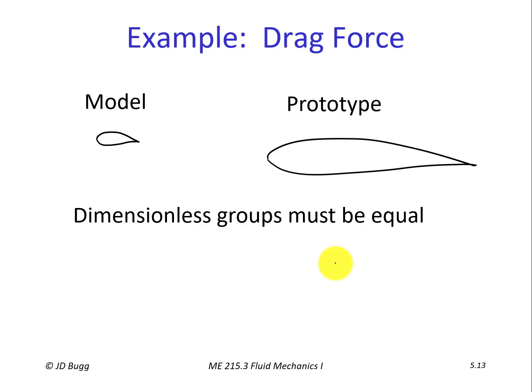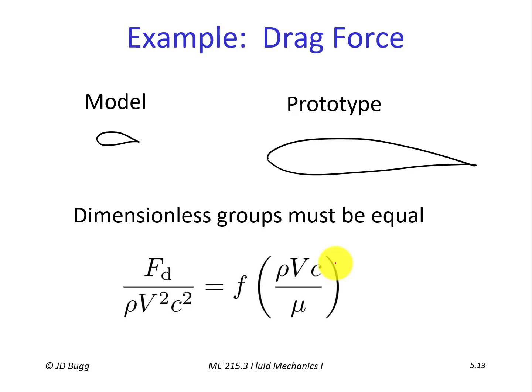Now, in the next lecture video, we're going to talk about how to come up with those dimensionless groups, so we won't worry about that just now. But if we go through that process that you'll learn in the next video, we would come up with a relationship like this. It would tell us that this dimensionless drag force is equal to this particular dimensionless number. Okay?